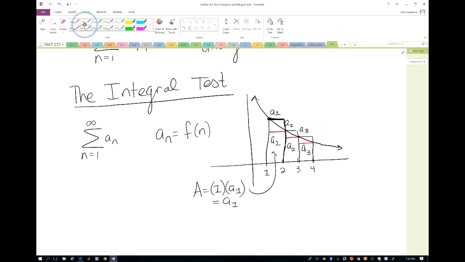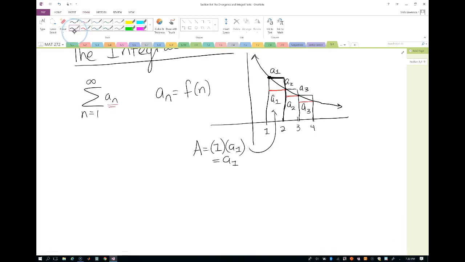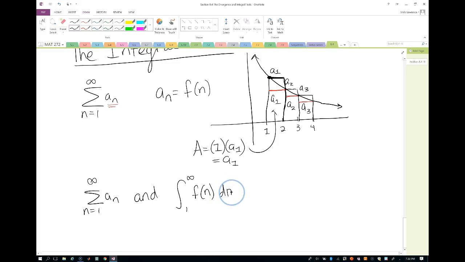So if we recognize a sub n as something that we know how to integrate, the integral test says the sum from 1 to infinity of a sub n and the integral from 1 to infinity of f of n dn, where a sub n can be written as a function f of n, will always converge or diverge together.